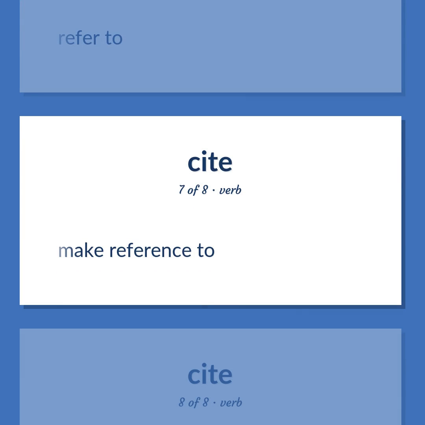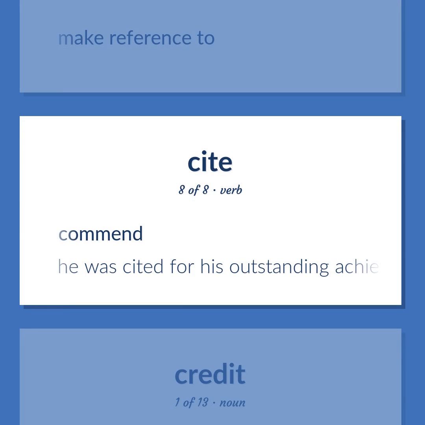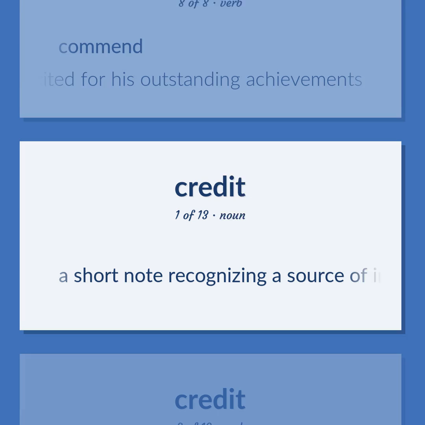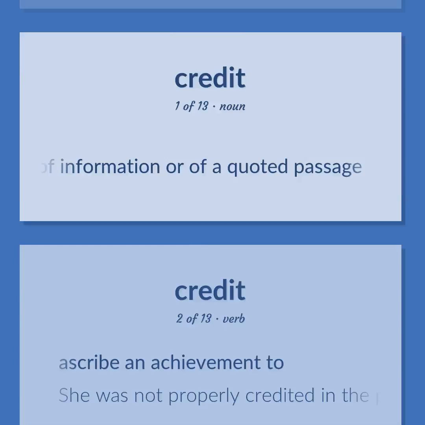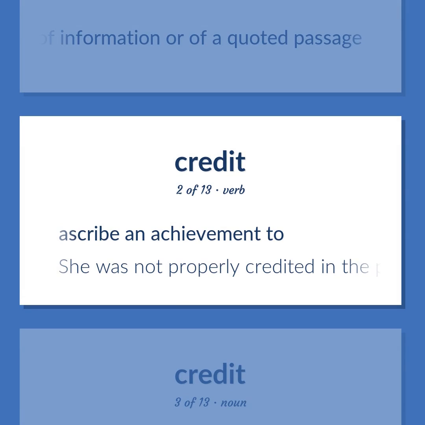Make reference to. Commend. He was cited for his outstanding achievements. A short note recognizing a source of information or of a quoted passage. Ascribe an achievement to. She was not properly credited in the program.